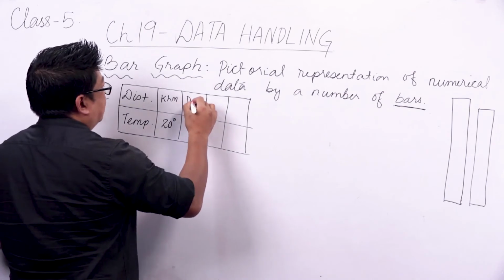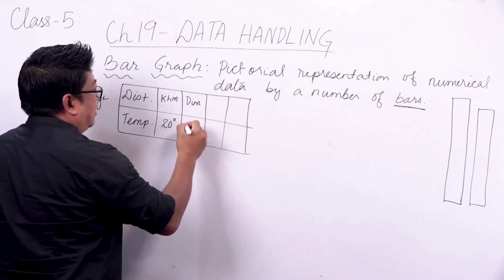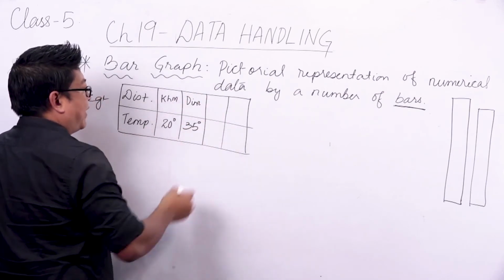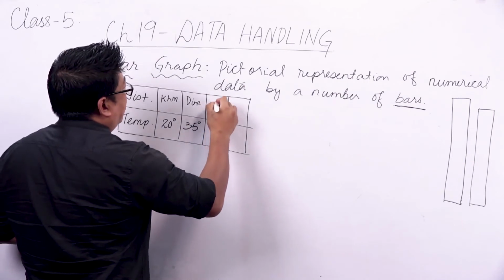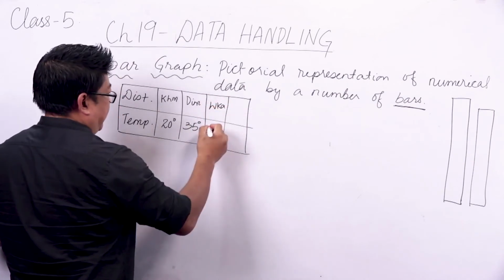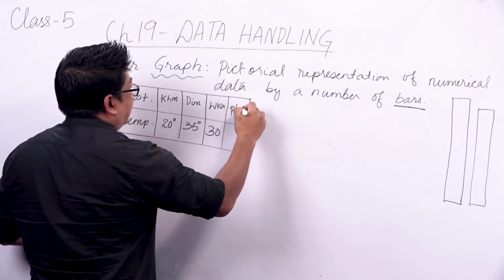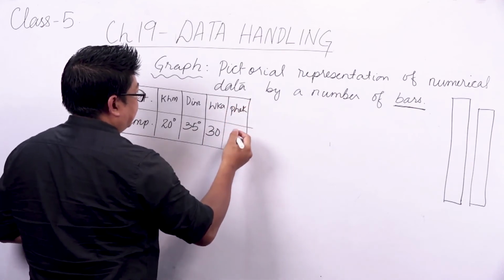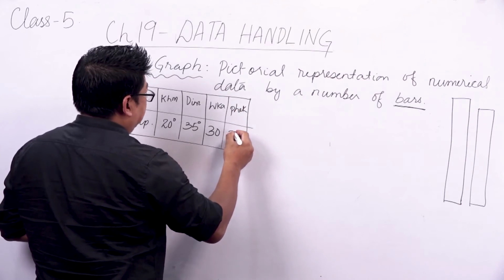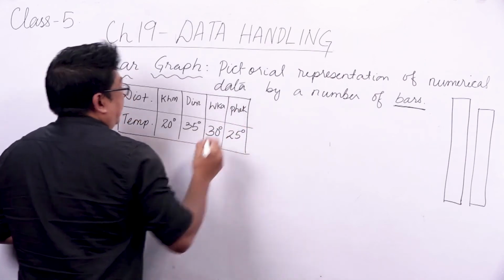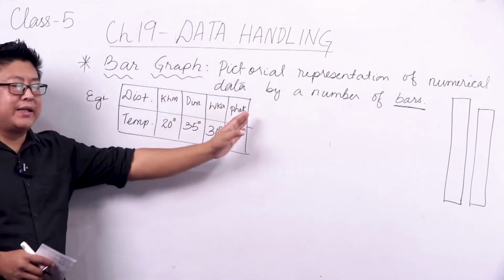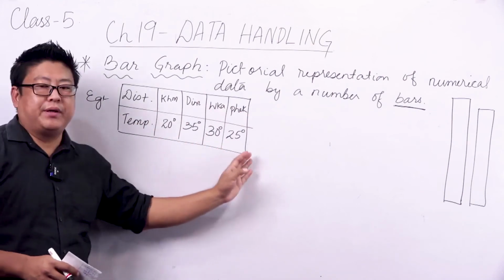And let's say that this is Dimapur. Temperature is, let's say, 35. Let's say Wokha. The temperature is 30. And let's say it is Pek. The temperature is 25. So the different districts are given and different temperatures are being given.